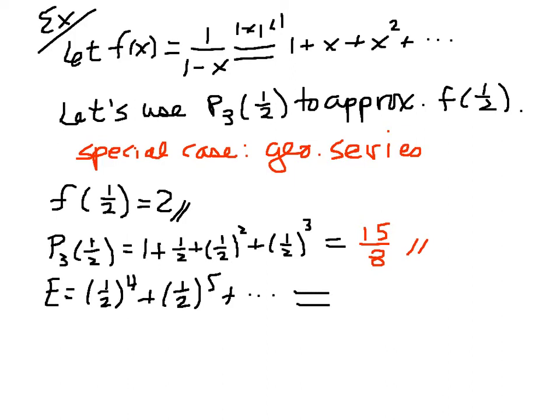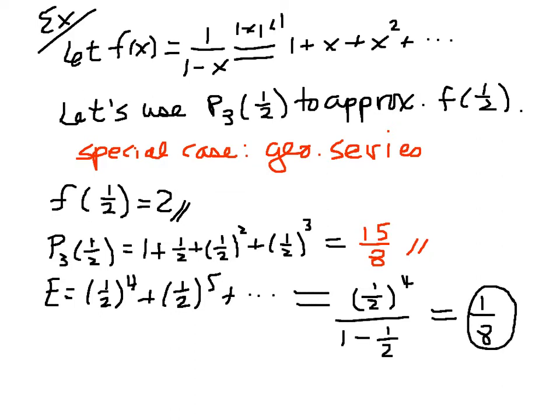And so it equals the first term, which is 1/2 to the fourth, divided by 1 minus the ratio, which is a half. And if we compute this carefully enough, it turns out to equal 1/8. And because this is a geometric series, and we can do this exactly, 1/8 is precisely how much 15/8 differs from the exact value of 2. So this should help you understand how you can find an error just in the case of a geometric series, which is really pretty simple.